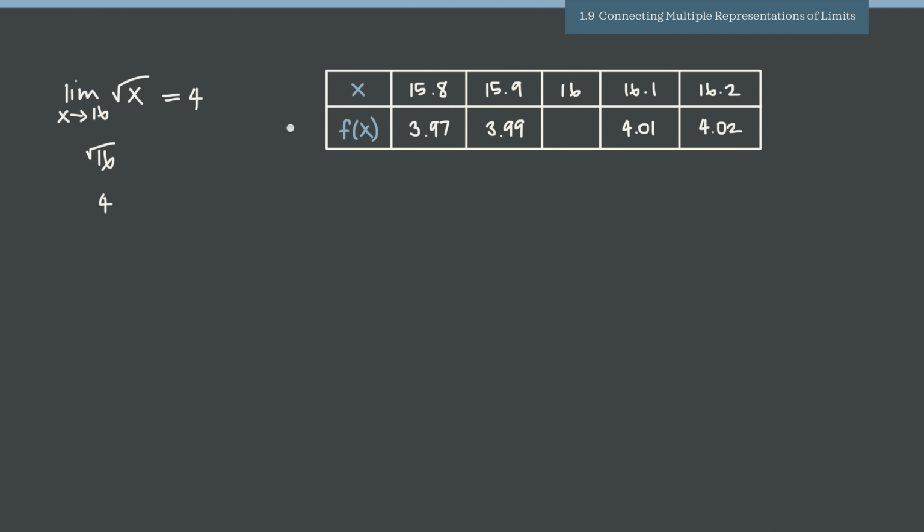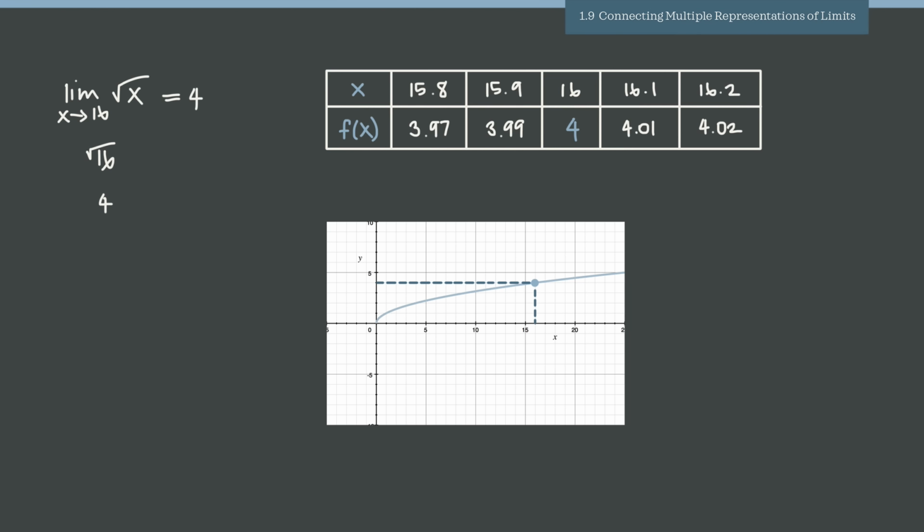So if we see here a table of values and we're asked to estimate the limit as x approaches 16, well, we see here in the table that we're getting closer and closer to x equals 16 from both sides, and it looks like the value of the function is getting closer and closer to 4, and so we say that the limit is 4, and we can find that from a table. And we also want to be able to do that in a graph.